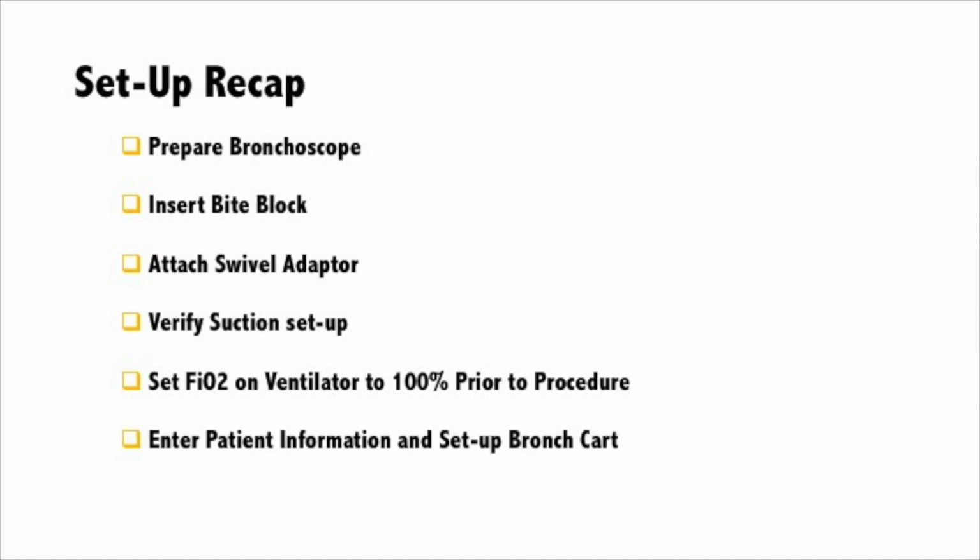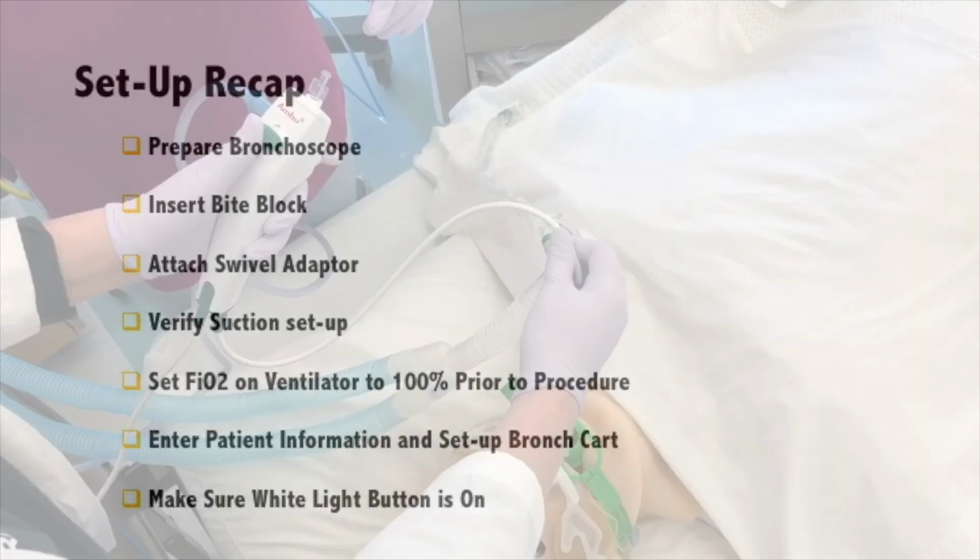Then you're going to want to make sure the bronch cart has all the patient information entered and the equipment is set up. And lastly, you might be required to turn on the white light button, because without this you won't actually be able to see anything from the bronchoscope. So now Saranya will take us through the holding technique and how to manipulate the bronch.